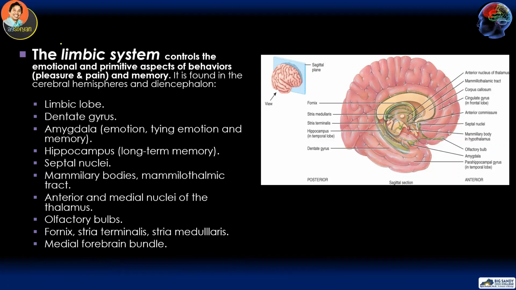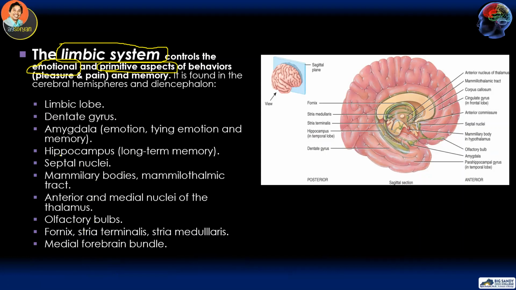There is another area called the limbic system. This is actually part of the cerebrum and diencephalon, and it is also known as the emotional brain. This is the one that controls many emotional and primitive aspects of behavior, including happiness, sadness, and also memory.